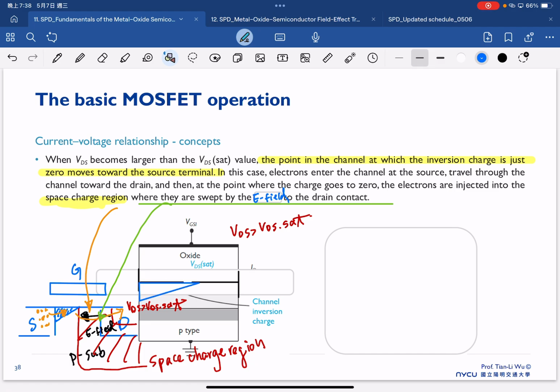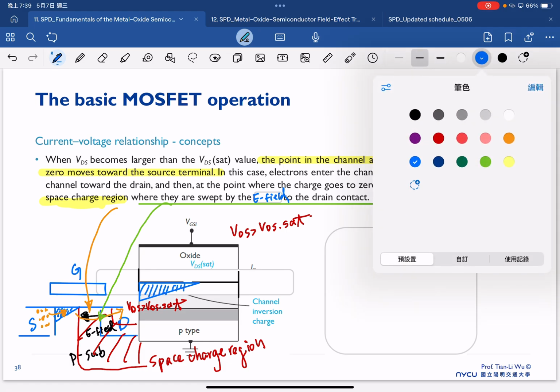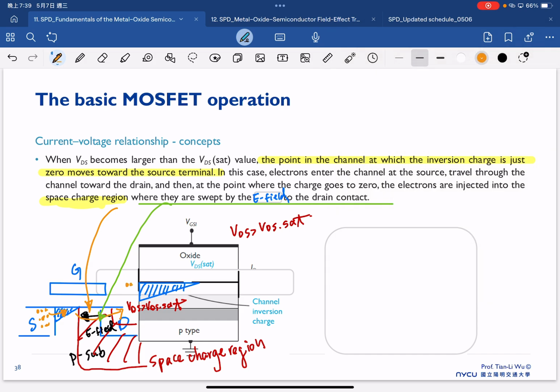We have the inversion electrons like in this way, and now the electrons from the source will first flow to this inversion layer, and then because of this space charge region, we have the electric field here.